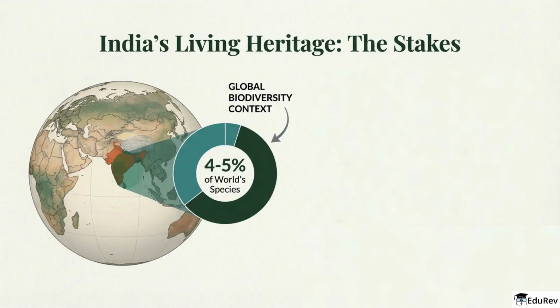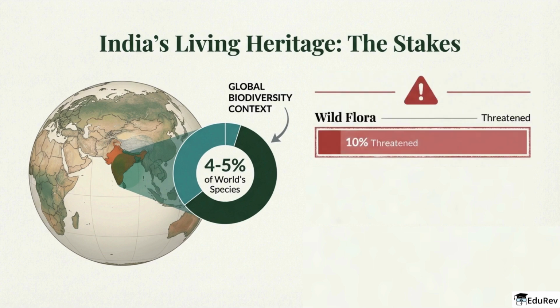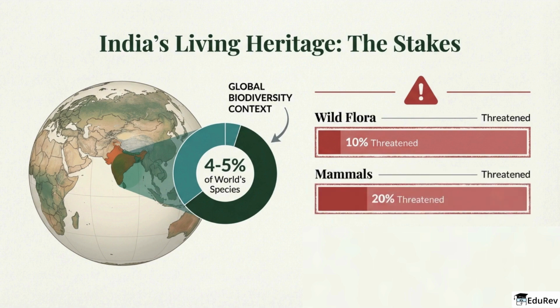Now move from economics to the bigger issue. India's living heritage. India holds around 4 to 5% of the world's species. That is a huge biodiversity share for one country. But now, look at the warning side. About 10% of wild flora is threatened, and around 20% of mammals are threatened.